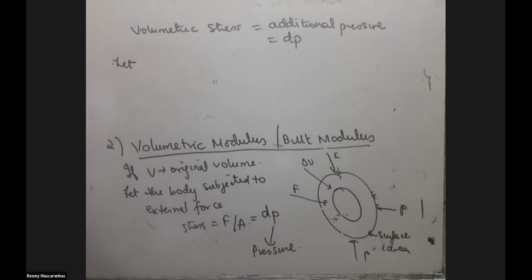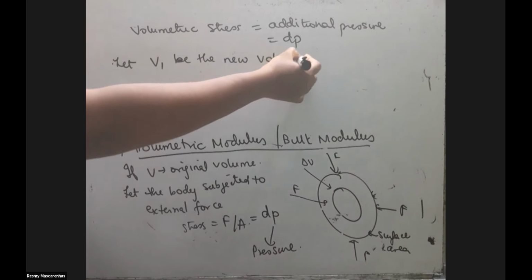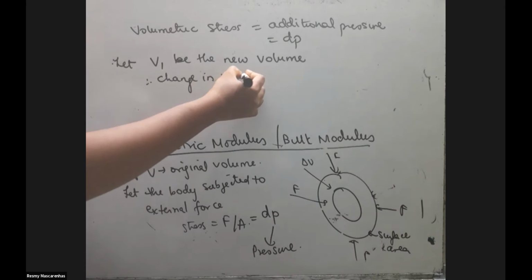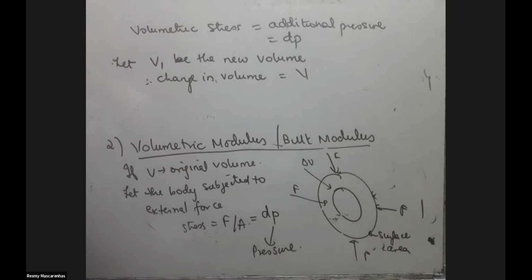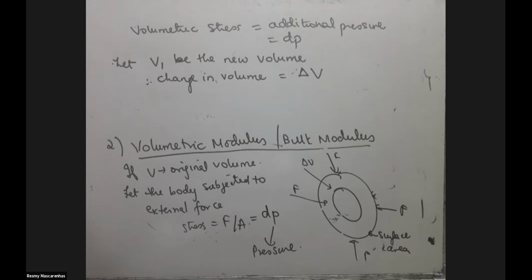Let V1 be the new volume. Therefore, change in volume will be delta V. And what is volumetric strain?